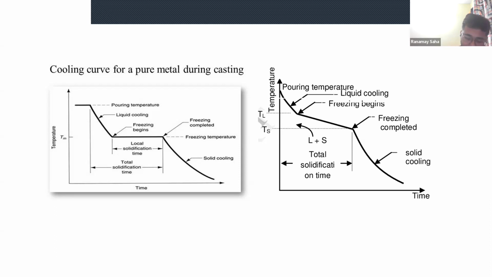As a result, there is differential solidification happening within the particular casting under consideration, and we find different grain structures: there can be columnar grains, dendritic grains, and globular grains.